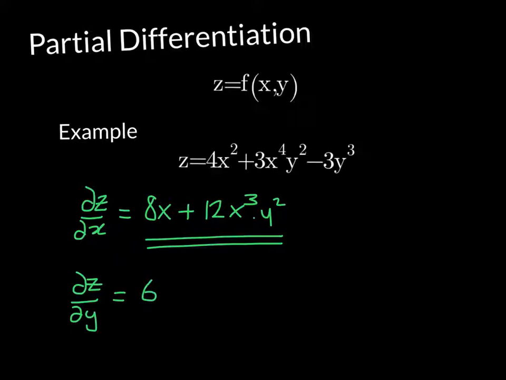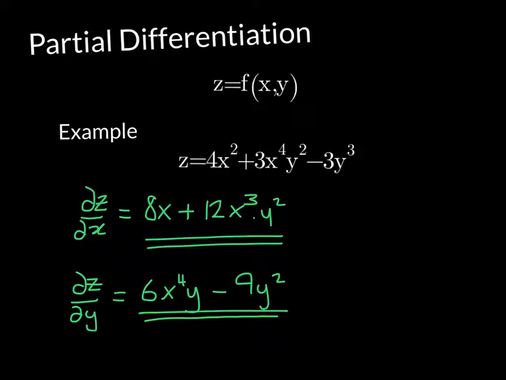The x to the power of 4 just stays where it is, and the y squared goes to y. And we can then differentiate the last term, which is minus 3y cubed, which if we differentiate with respect to y gives us minus 9y squared. And that is our expression for the partial differential of z with respect to y.